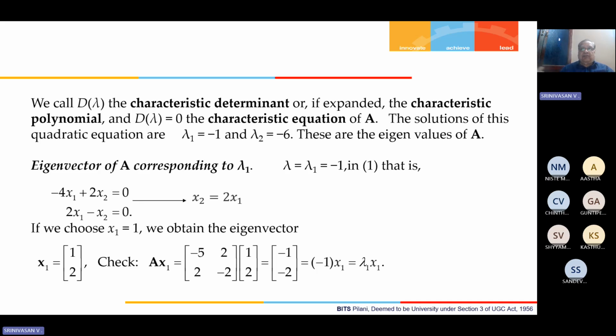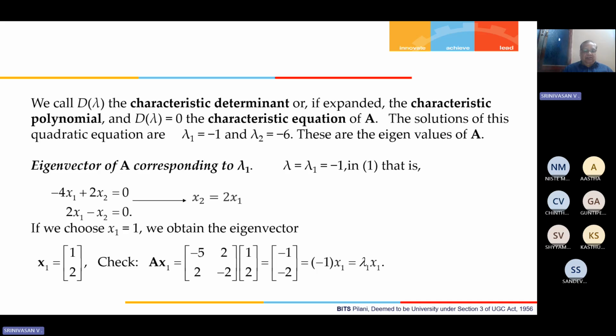So when you say x1, x2, x3 are in the ratio of, say, 1:2:4, the values themselves can be 1, 2, 4, or 2, 4, 8, or 3, 6, 12. It can be in multiples when they are proportional, isn't it? And therefore, the eigenvectors are not unique.